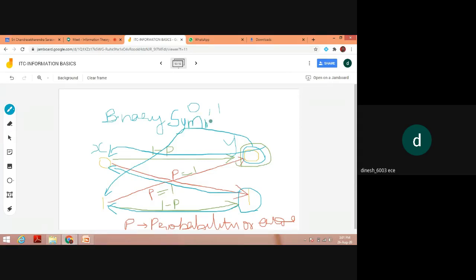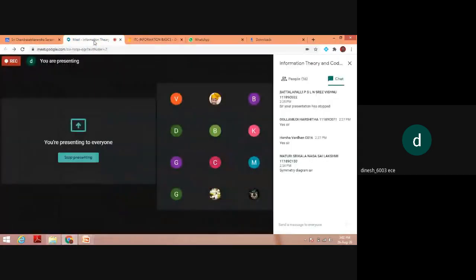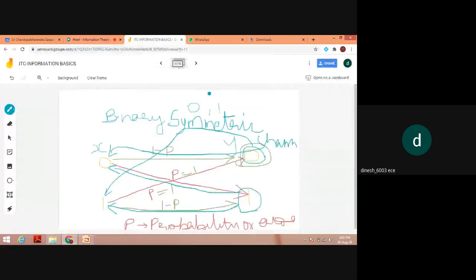So hence the name binary symmetric. Since we are dealing with channels, it's binary symmetric channel. I hope the diagram for the symmetric channel is clear now. Binary symmetric channel.